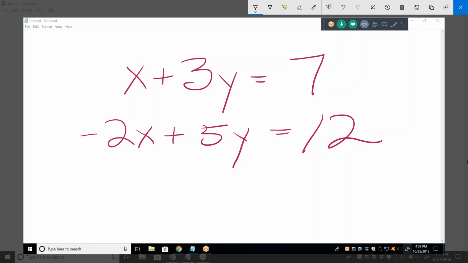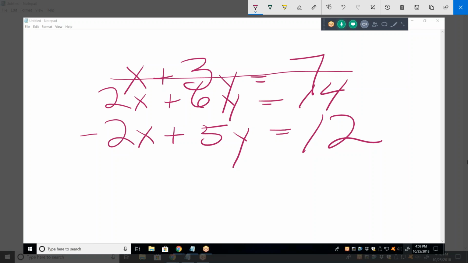Can I do anything to the top equation that's going to accomplish my purpose of being able to add or subtract the two equations and eliminate a variable? How about I multiply it by 2? Which gives me 2x plus 6y equals 14.